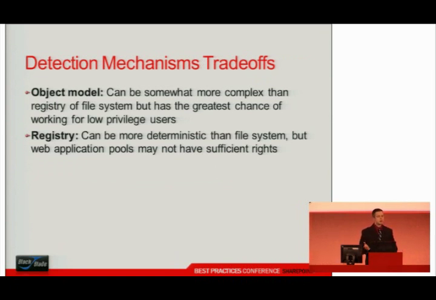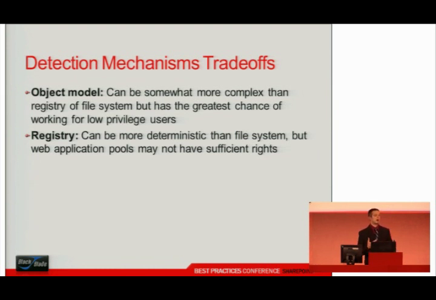Some trade-offs for deciding which platform detection mechanism you want to use. The object model is nice if you're actually running on the SharePoint server, but it can be a little bit complex. The registry method can be easier. However, you potentially need a higher level of permissions to use it, especially if you're executing in UI code.